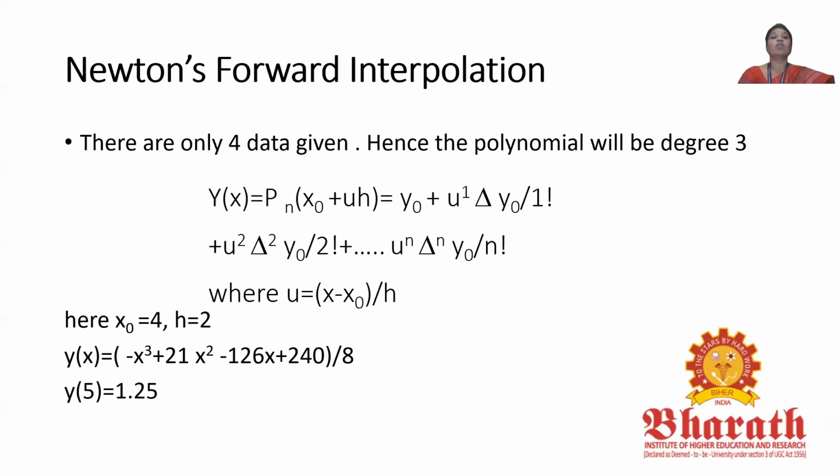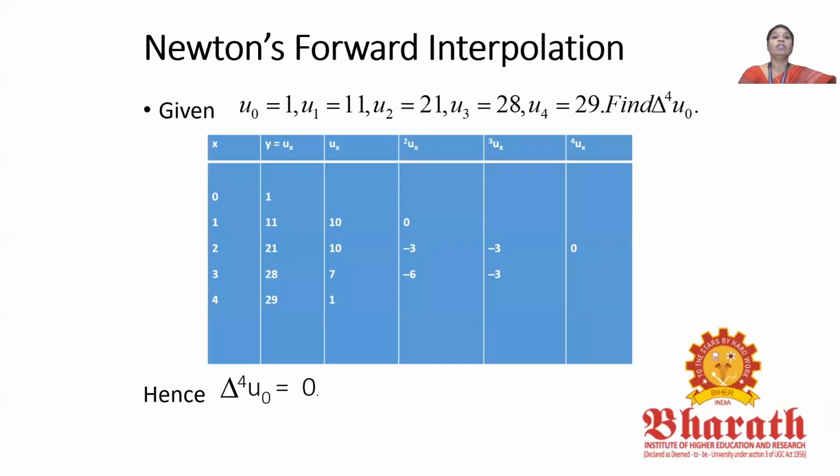So given x is equal to 5, you will get the value minus 5 cube plus 21 into 5 square minus 126 into 5 plus 240, by 8. If you use the calculator, you will get the value of y of 5 as 1.25.